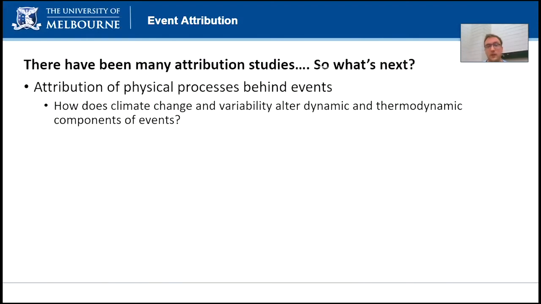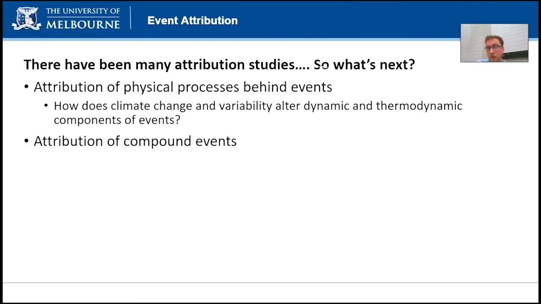And we can also try and decompose into dynamic and thermodynamic components, a bit like I did with the East Indian Ocean teleconnection with the record wet winter in 2016, as I was showing.